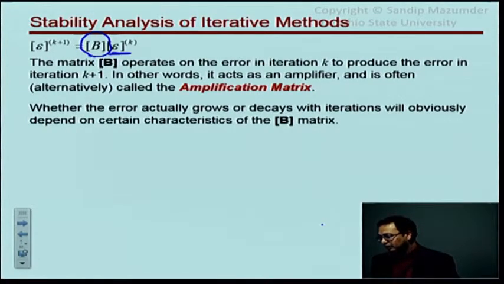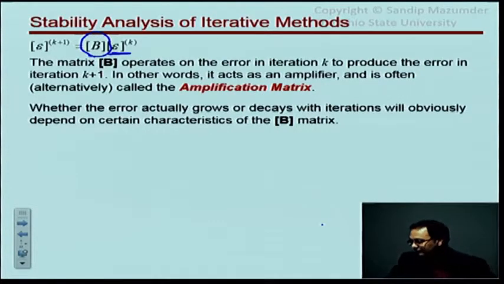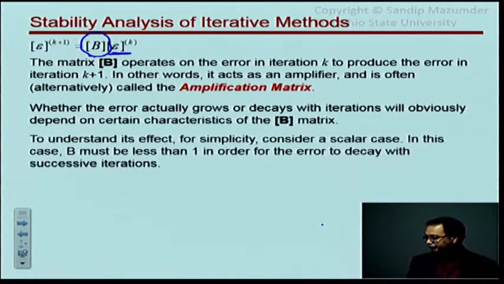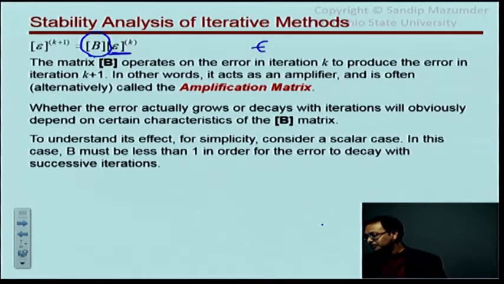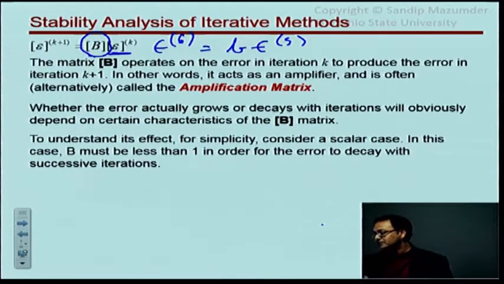Now, as I just said, whether the error actually grows or decays with iterations will obviously depend on certain characteristics of the B matrix. Now think of it as a scalar. Suppose epsilon is a scalar. So I have epsilon at iteration 5, and from that I'm calculating epsilon at iteration 6, which is equal to some scalar b times epsilon at iteration 5.